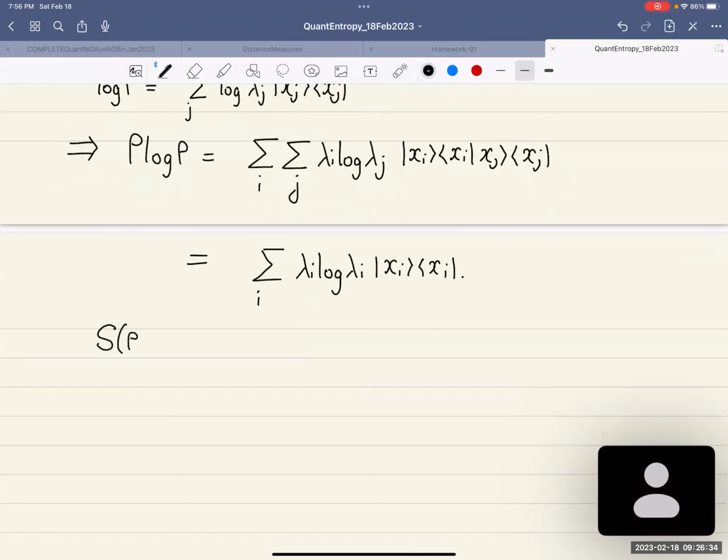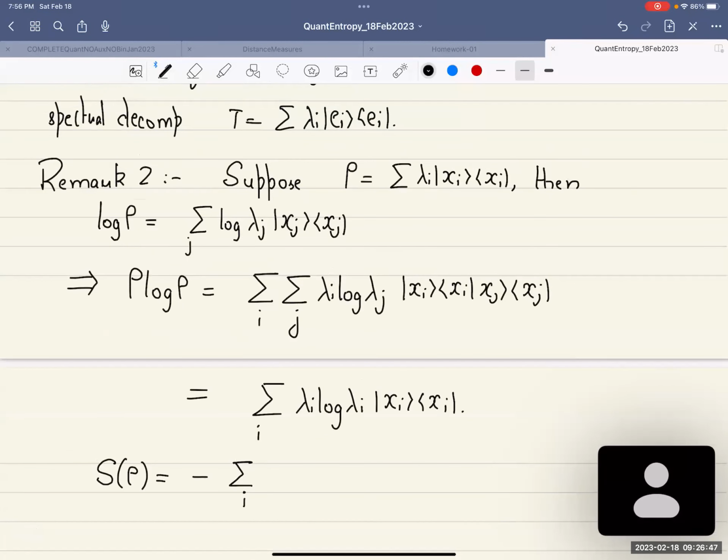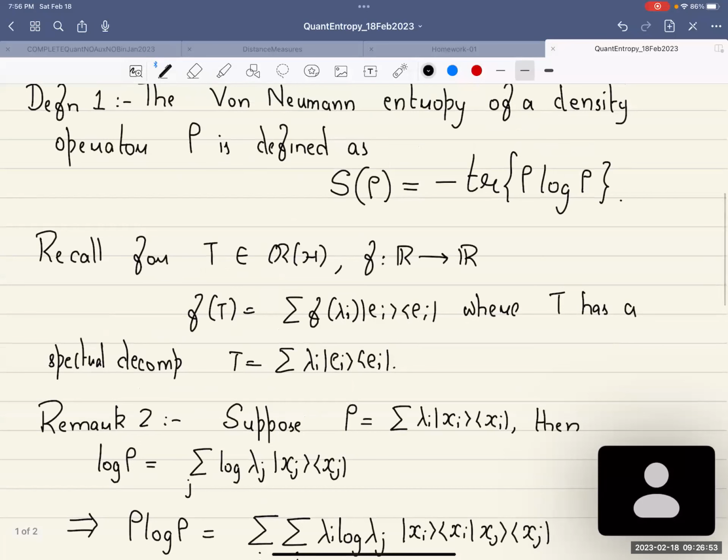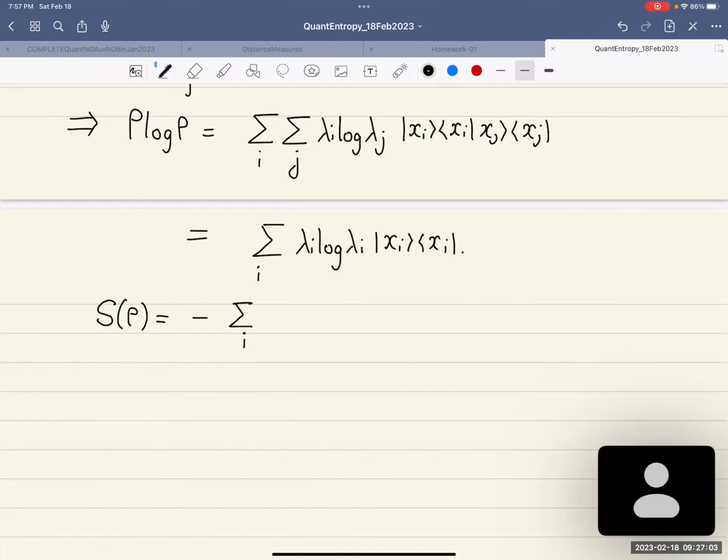So S of rho is essentially minus, taking f of x as minus x log x, this will be minus summation lambda_i log lambda_i.